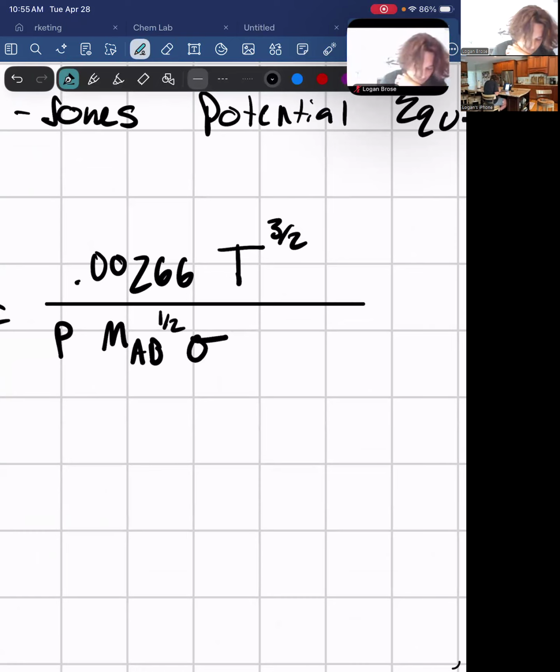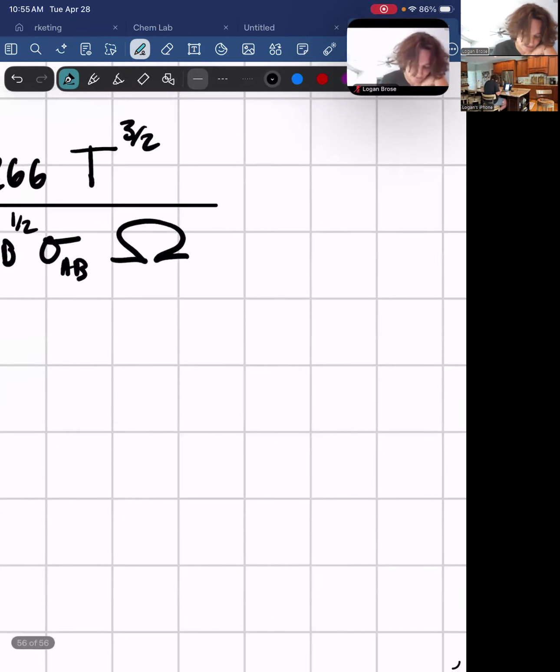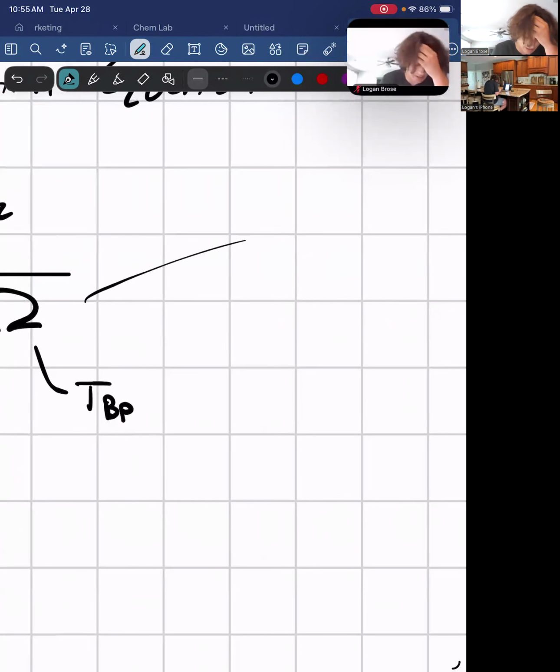And this is the collision diameter of A to B, and then times our collision diffusion integral. And this is based off the boiling point temperature, and so we can use another temperature to estimate it.